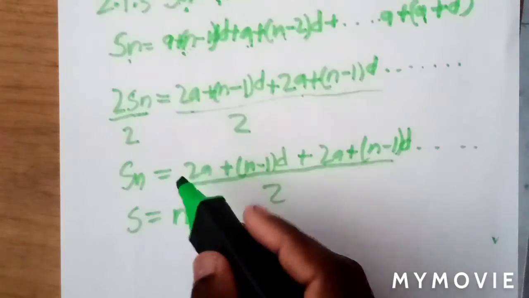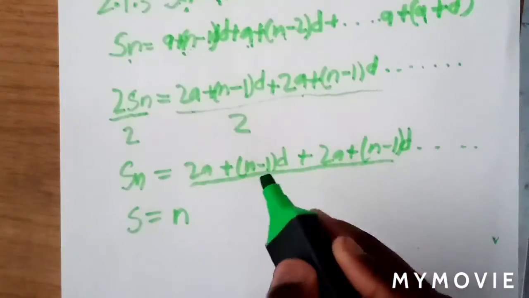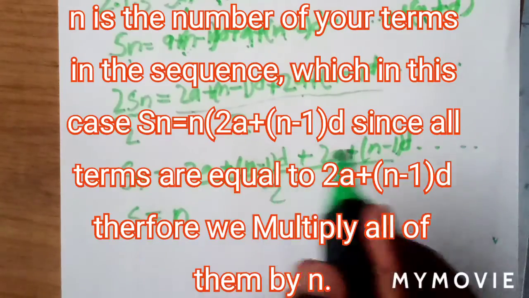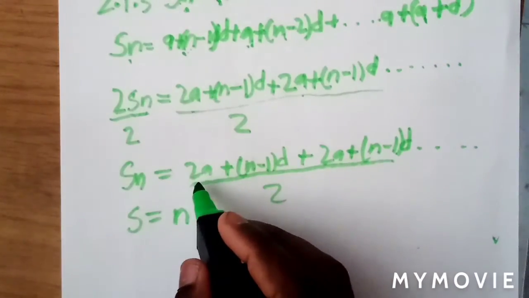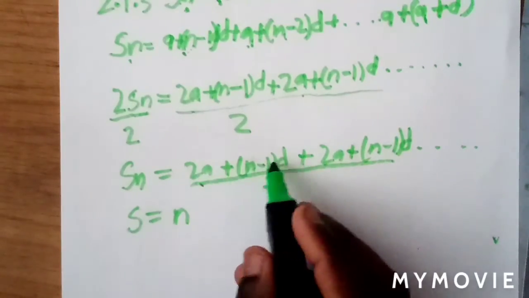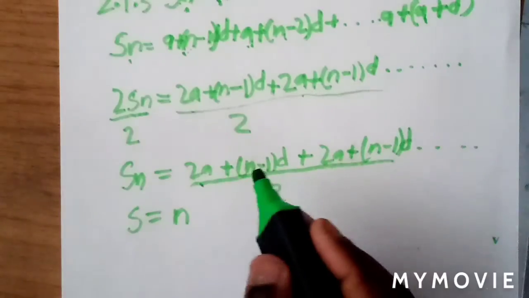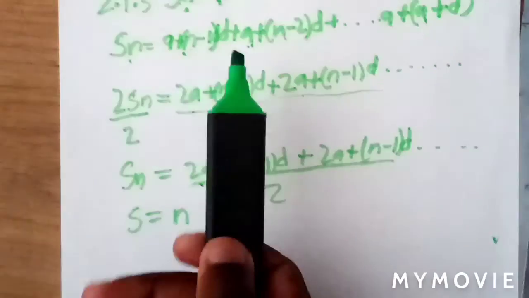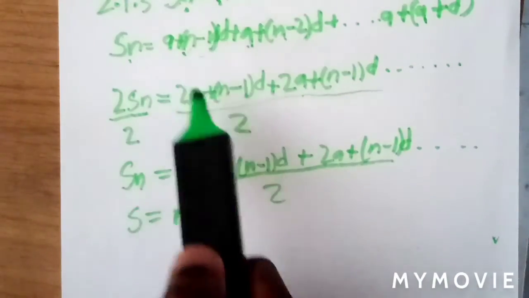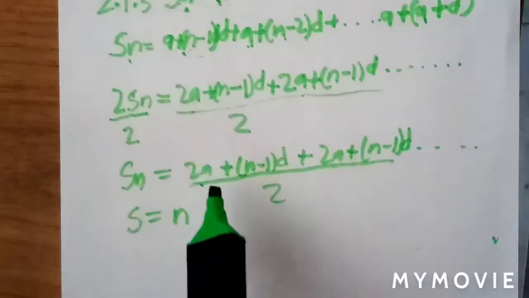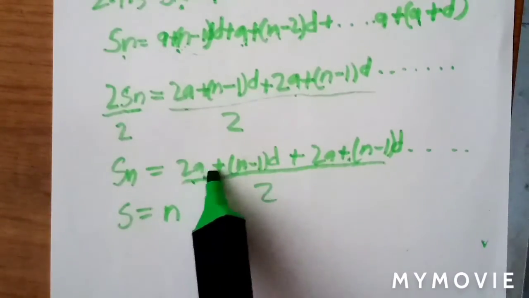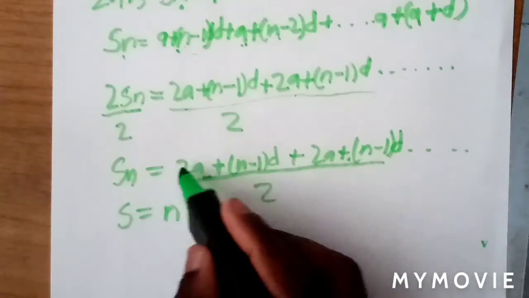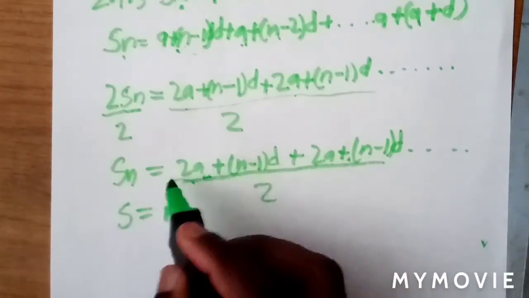If your sum is 3, which means you have three terms, you will multiply your 2a plus n minus 1 into d with your n. For example, if we have 2 terms, you multiply by 2 here, this 2a plus n minus 1 into d.